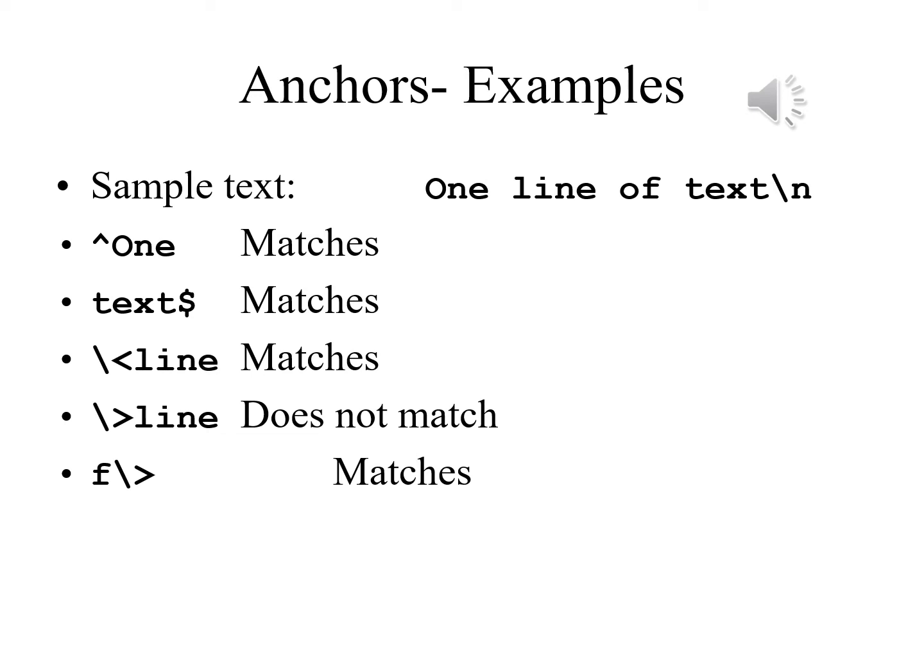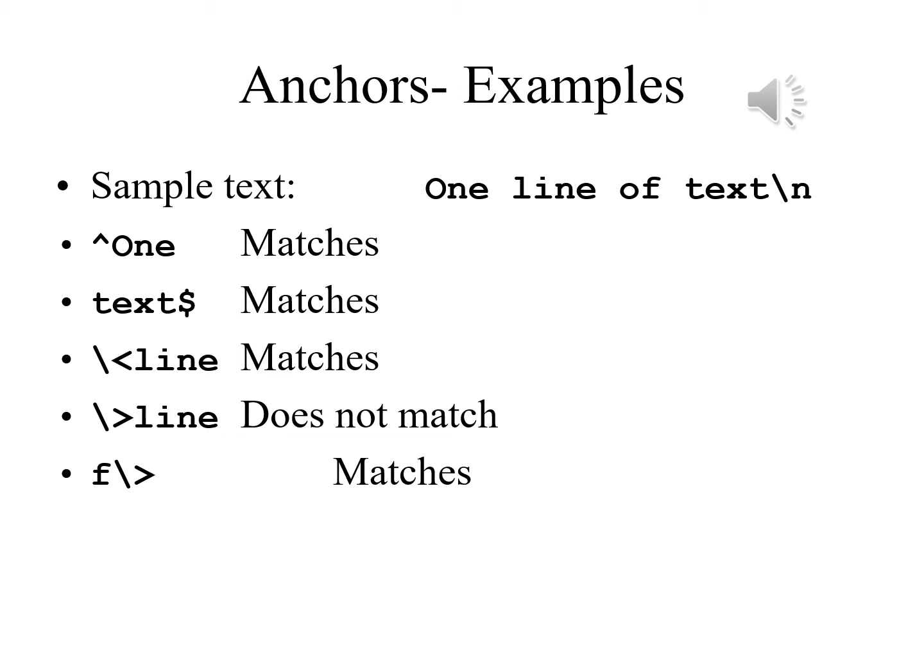The sample text that we have here is one line of text with a new line at the end. Caret one matches because we are looking for the word one at the beginning of the line, and that's exactly where it is. Text $ matches because the word text is at the end of the line.